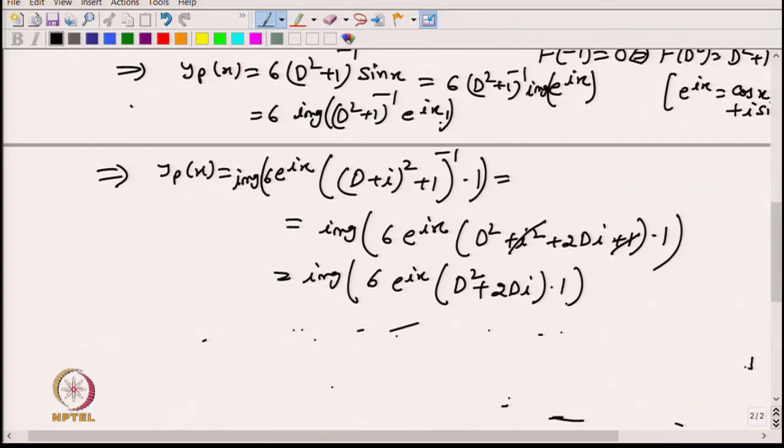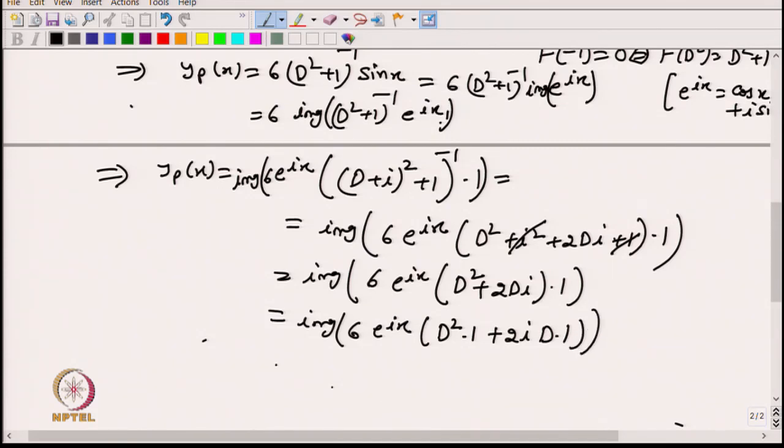operating on 1. Now this is my operator, which can further be reduced to the imaginary part of 6 e^(ix), and now this is the 1. So from here I can take this function as D squared of 1 plus 2i D of 1.